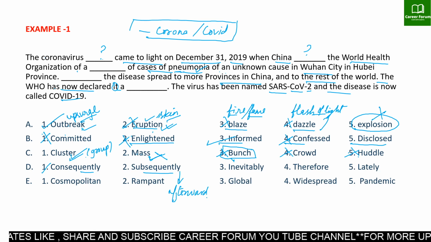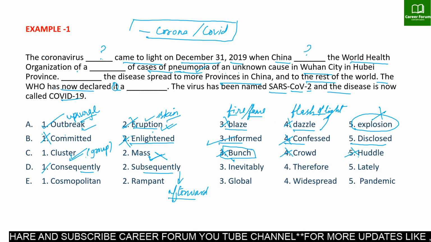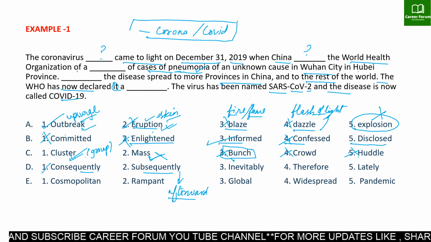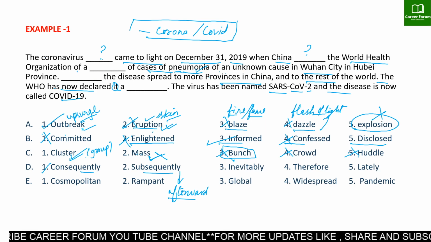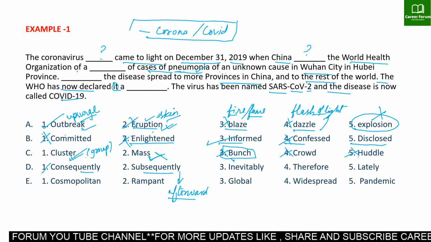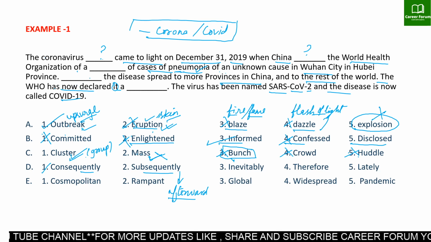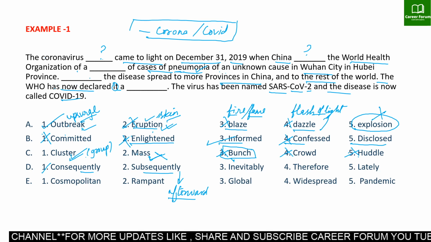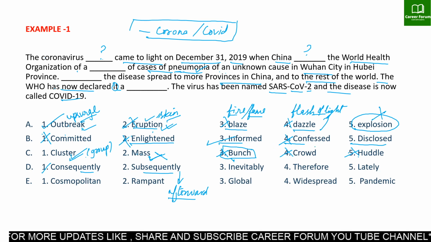After China informed the WHO about the cluster of cases of pneumonia which occurred in Wuhan city, the cases increased afterward to more provinces in China and to the rest of the world.